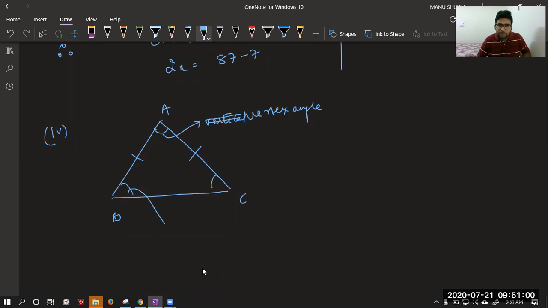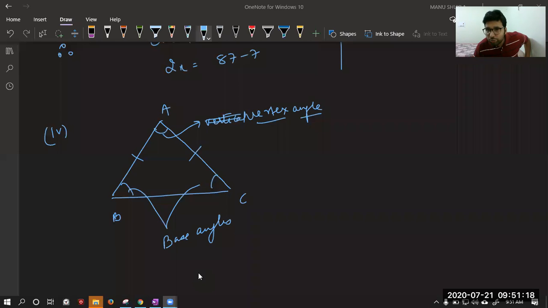So you can say B and C are the base angles, and this is the vertex angle. Can you tell me what is the relation between base angles? Very good, Manya. They are the same. If sides are equal, then opposite angles are also equal. Hence, the base angles are equal.